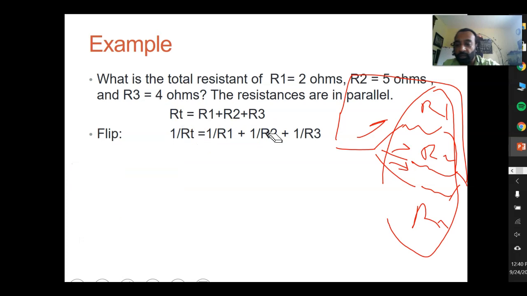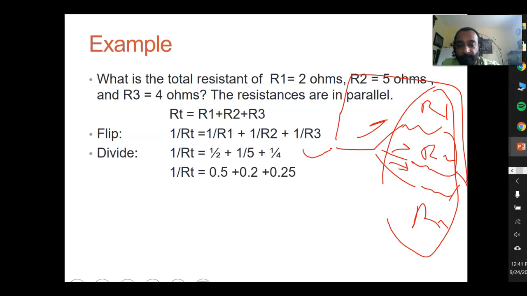Okay, so I got that in here. Flip, divide. So 1 over R1, R1 is 2, I put 1 over 2. R2 is 5, so 1 over 5. And R3 is 4, so 1 over 4. So this is the first step, I divide. You get a number. So we change from fraction to decimal.